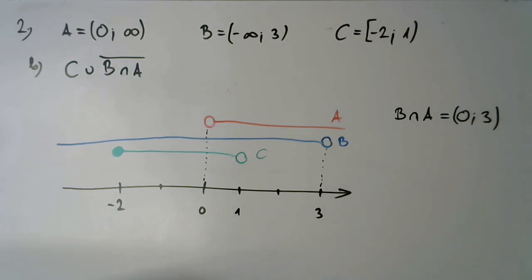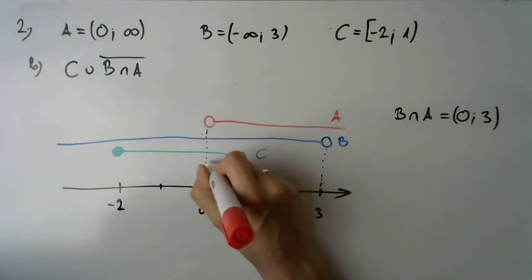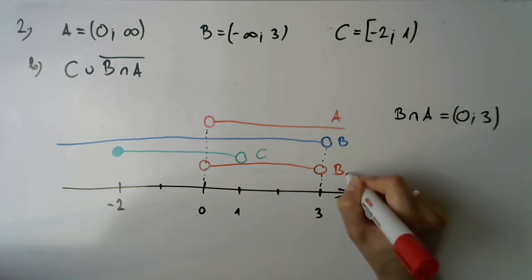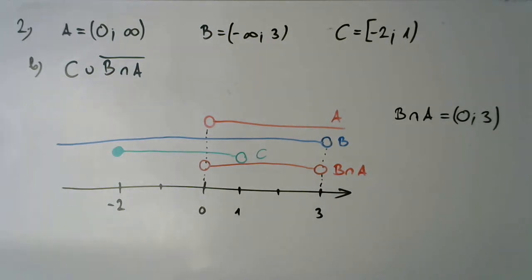You can use a comma as a separator or a semicolon. I have used semicolons my entire life, so I have no plans of changing this right now. Here we have B intersection A.